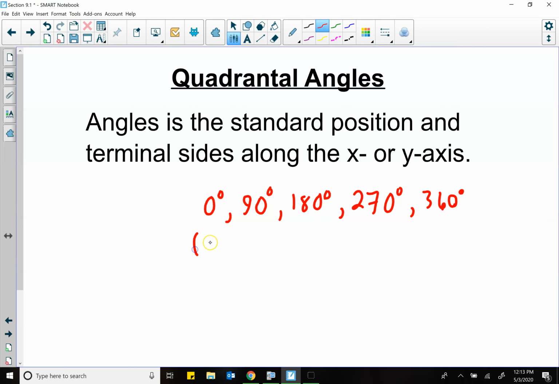If we're in radians, then that would be 0, pi over 2, pi, 3 pi over 2, 2 pi. So those are the quadrantal angles, because their terminal sides are along the axes.